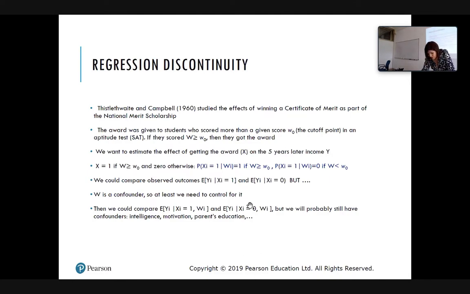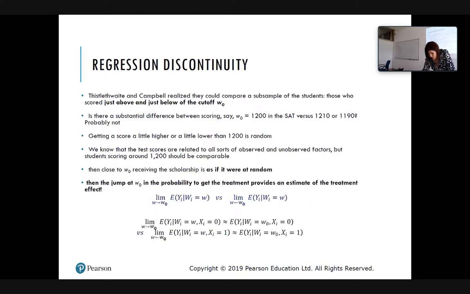But the regression discontinuity design, to avoid this endogeneity problem, exploits the fact that this award is given to the ones who are performing well on this aptitude test. If we know that X is equal to 1 if W, this other variable, is above a certain cutoff value, then we can exploit the threshold.